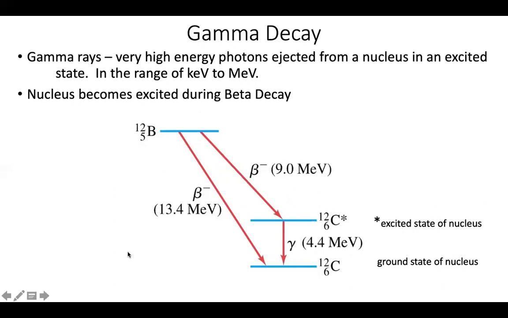That releases 9 mega electron volts. And then once that excited electron returns to its ground state, that's called gamma. It gives off the gamma photon and releases more energy. And you notice the total release of energy is the same, which it would have to be, because of the mass difference. Okay.